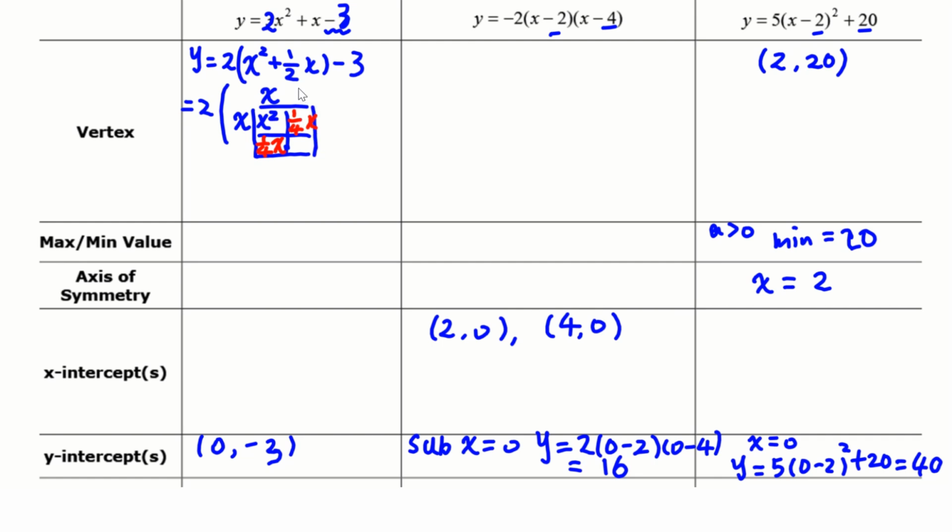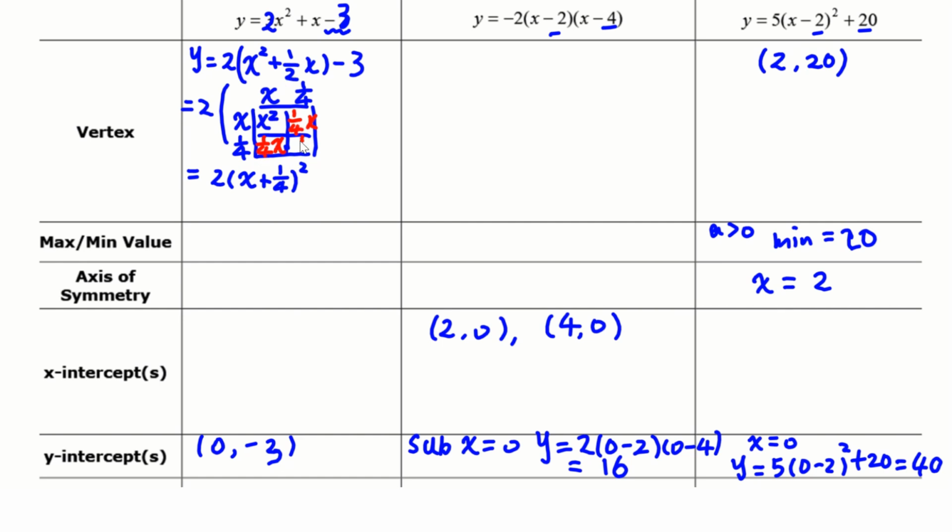Then for this side, times x gives you 1/4, it will be 1/4. Then this box, x times 1/4 gives you the area 1/4. The two sides are equal, so you will have (x plus 1 over 4) squared. This is the reason why we want to split 1 over 2 into 1 over 4.